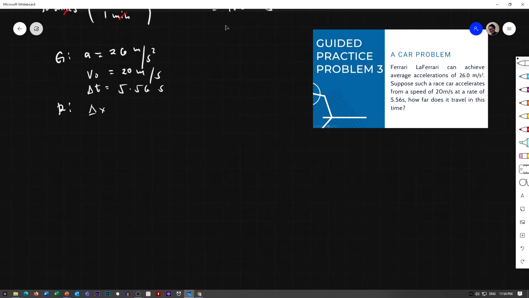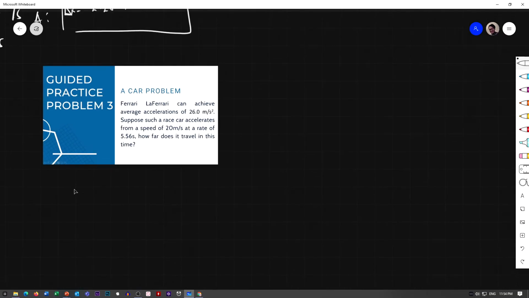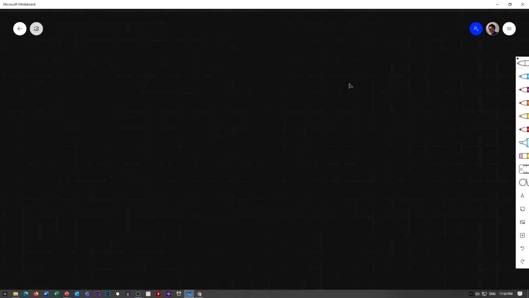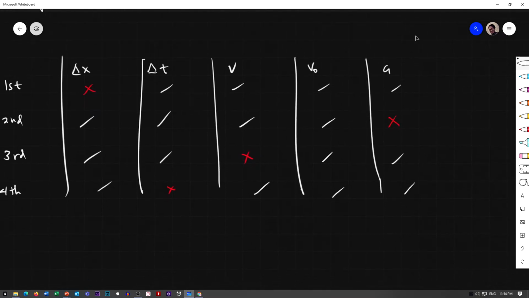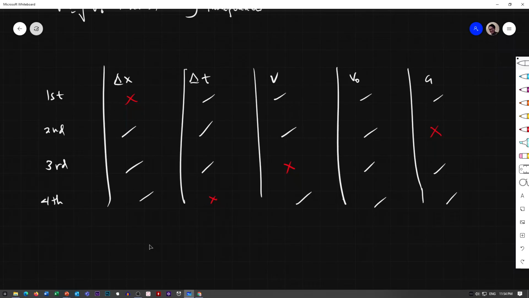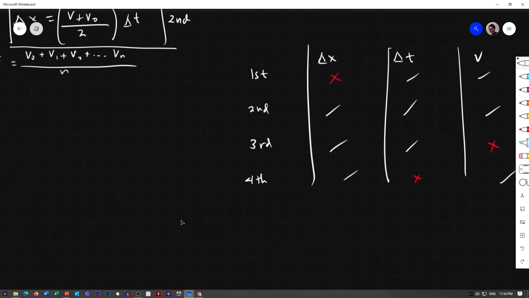So we have A, V sub 0, delta T, and delta X. So in this case, V, or final velocity, is not included in our problem. So it means the equation we're going to use is the third equation.